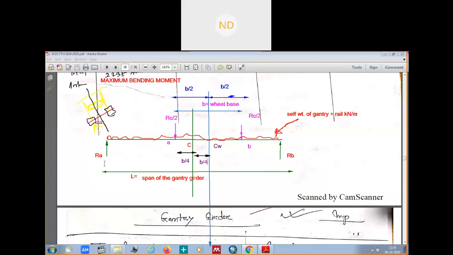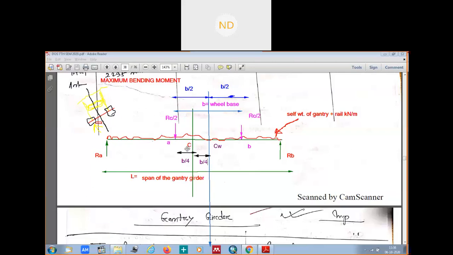Okay. Once you see this figure and know this, where is your maximum bending moment? Your maximum bending moment is here at this wheel A, because it is nearest to the CG of the gantry girder, and you have to place your wheels above the gantry girder in such a way that these two distances are the same: the distance from the CG of the gantry girder to the nearest wheel, and the distance from the CG of the gantry girder to the CG of the wheelbase.